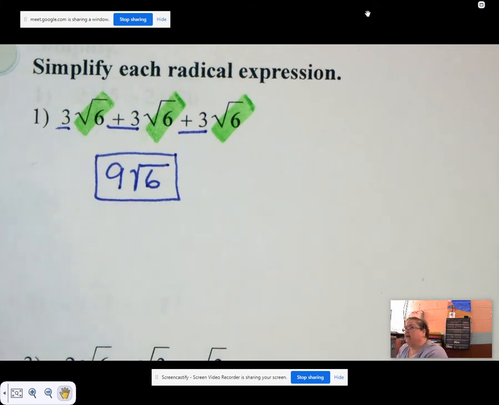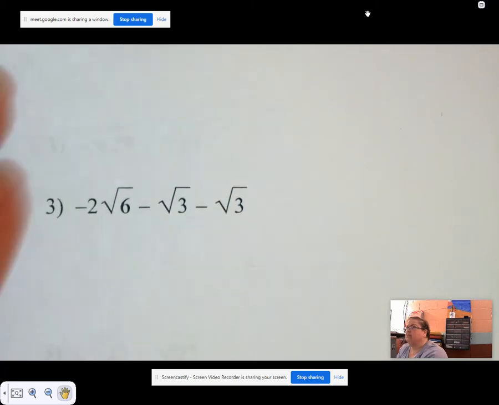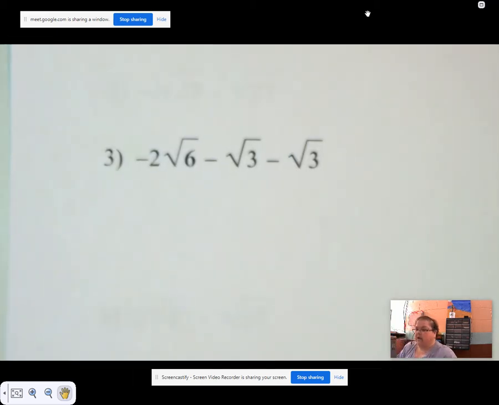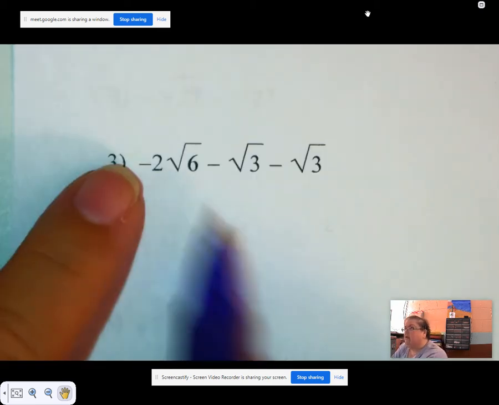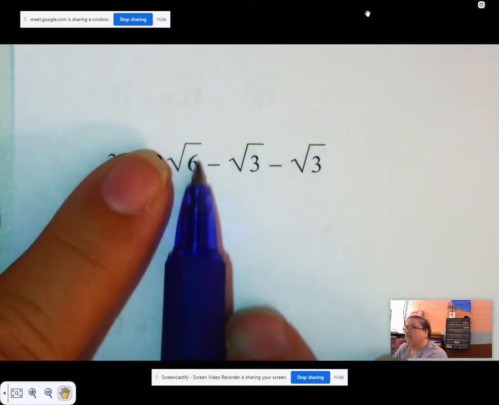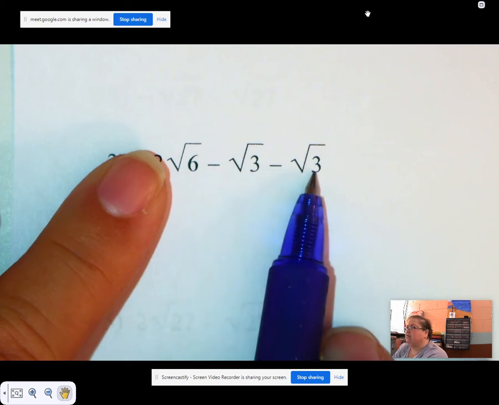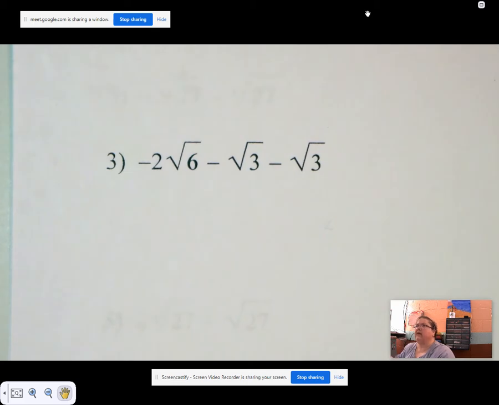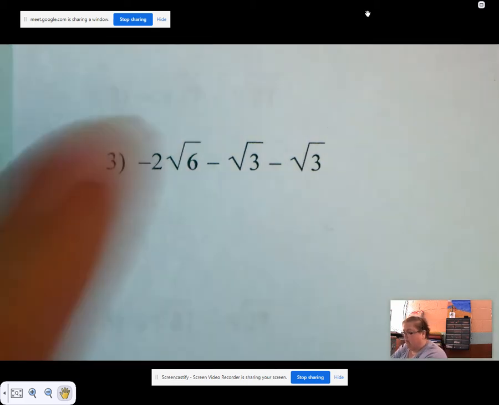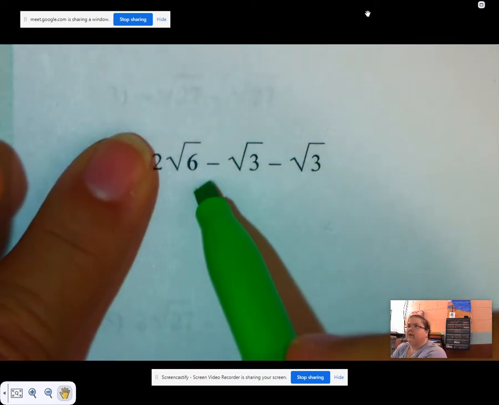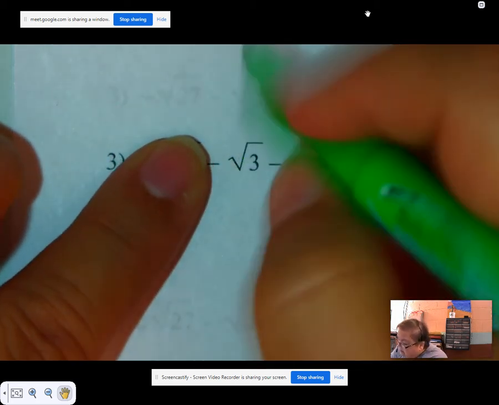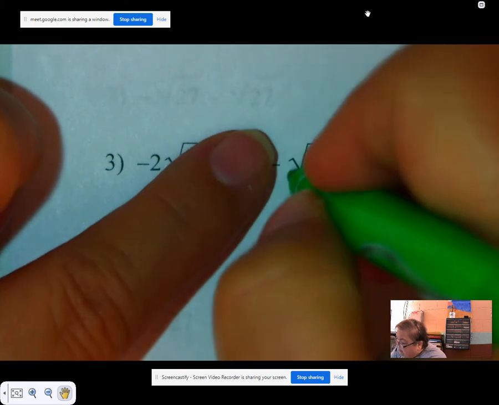Now let's go down to example 3 here. 6 does not have a perfect in it. 3 doesn't, and 3 doesn't. So I don't have to simplify those. But what I'm checking for is which ones are the like radicals. The root 3s. This is root 6, but I've got a root 3 and a root 3.